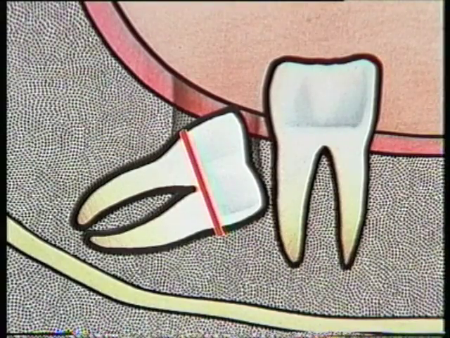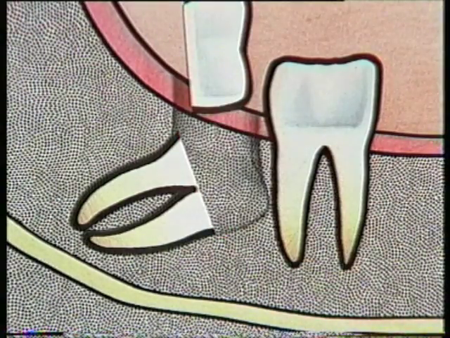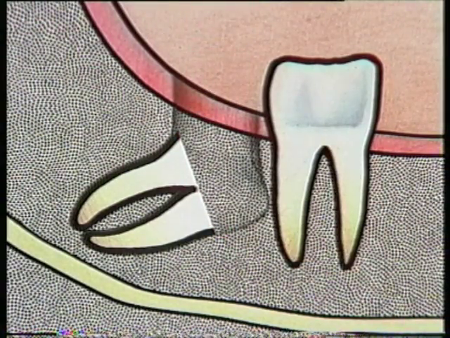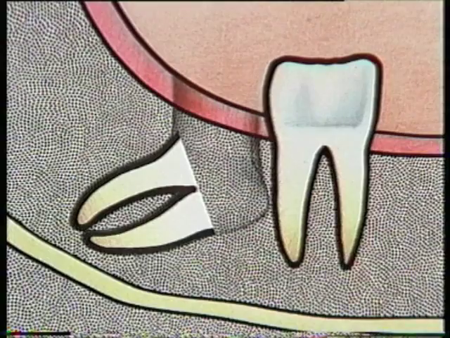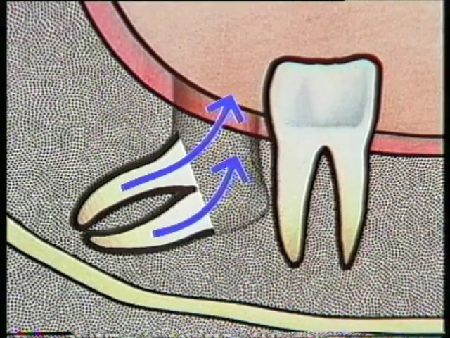By sectioning vertically the crown from the roots, the crown can be elevated upwards. The roots can now be moved forward into the space previously occupied by the crown. But because of the apical curving of the roots and the bulbous distal root, they each have their own path of withdrawal.